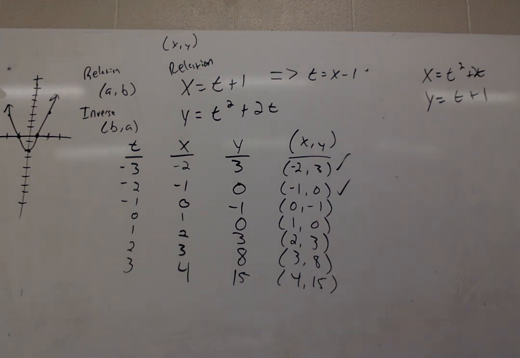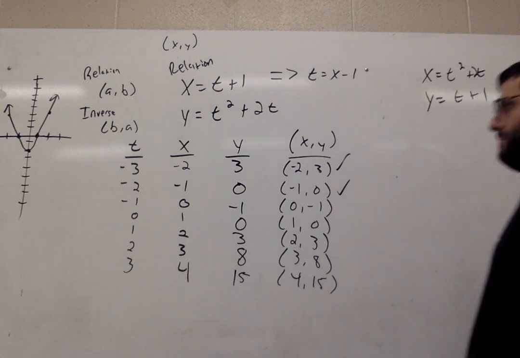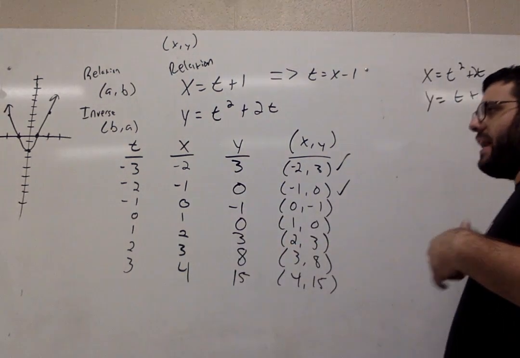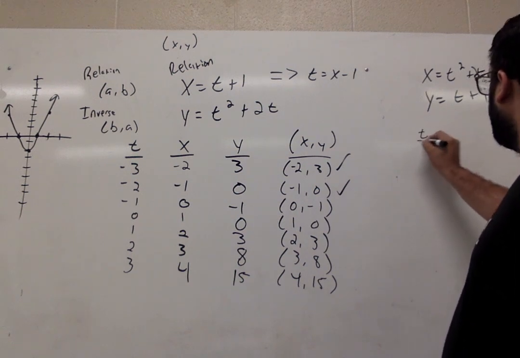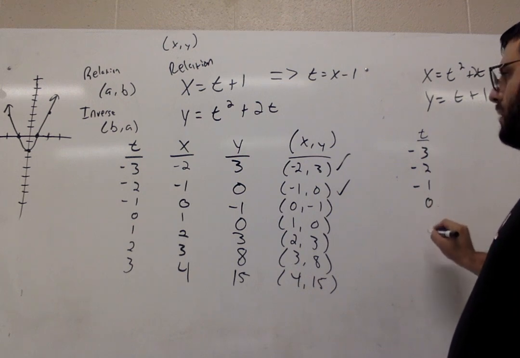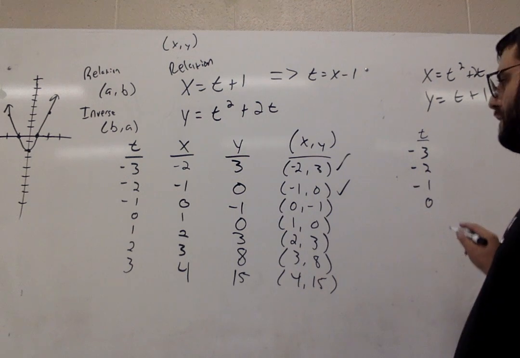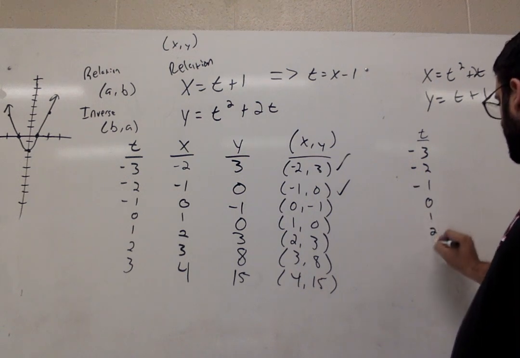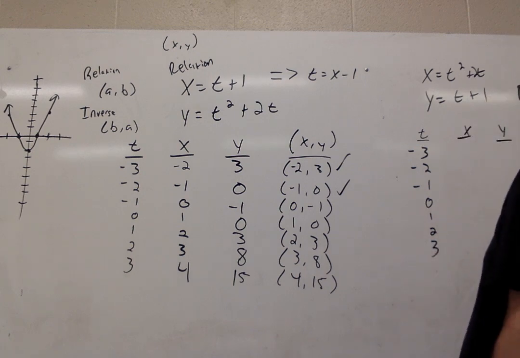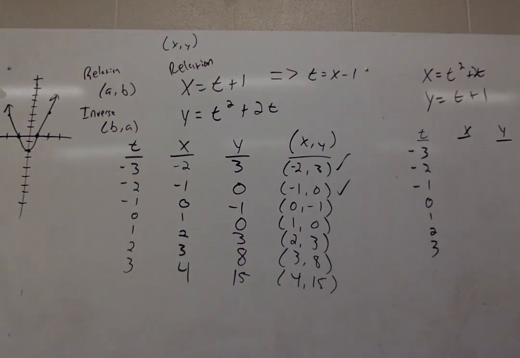So when I go to graph this relation, if I plug in the same values of t, the question remains: will all these still fit, but just in the opposite places? Let's find out. Well, turns out it actually does.